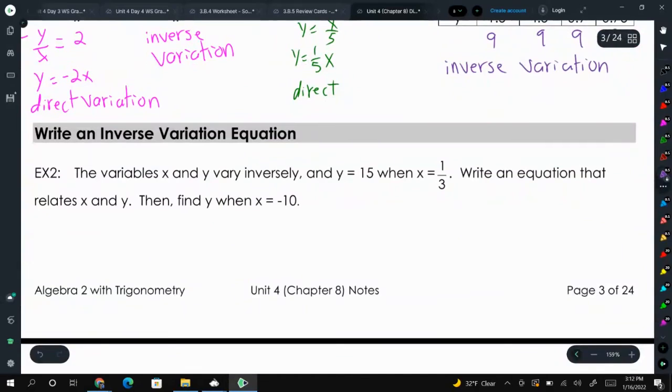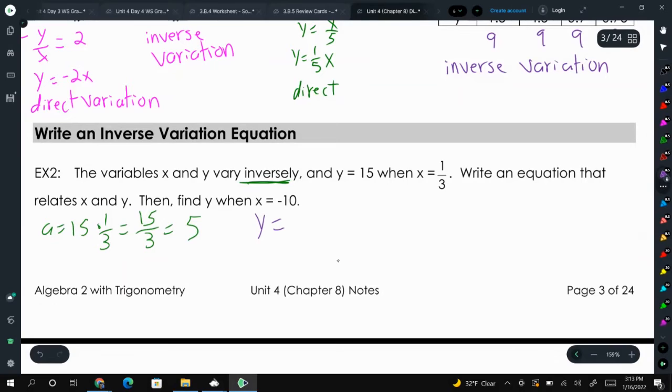So down here, I want to do this problem. The variables x and y vary inversely, and y is 15 when x is 3. Write an equation that relates x and y, then find y when x is equal to negative 10. Since we know this varies inversely, to get our a value, we can do a equals 15 times 3, which is 45.